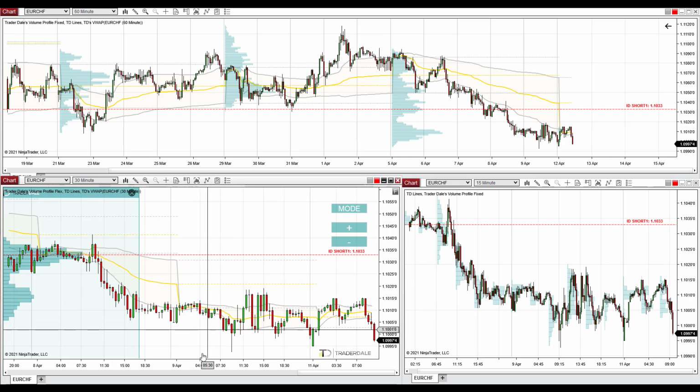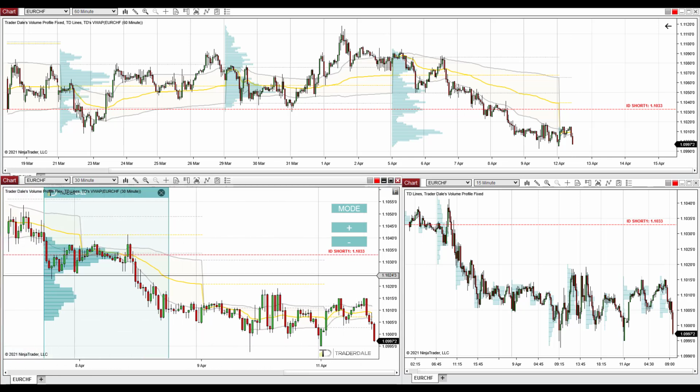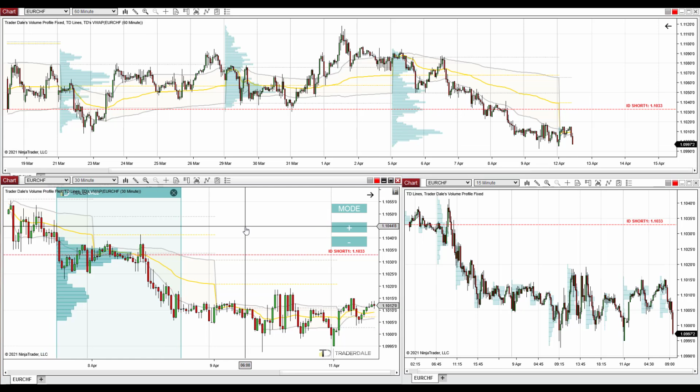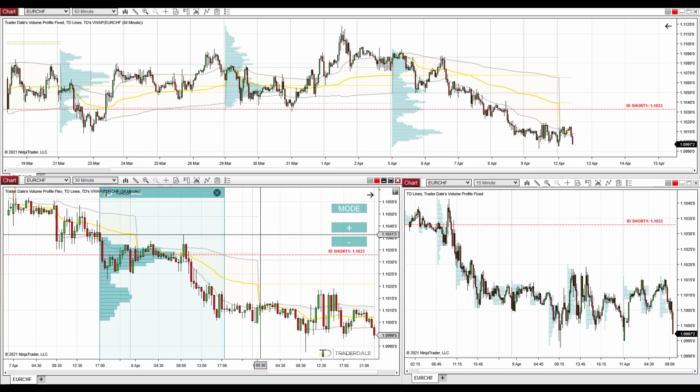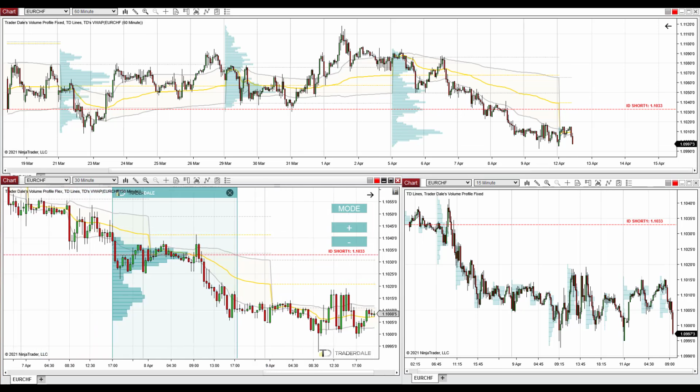So the first trading idea is on Euro Swiss franc. Those three charts are linked, so they always show the same trading instrument, in this case the Euro Swiss franc. This one is based on a setup which I call the volume accumulation setup. For this setup, you want to see a rotation like in here, and from that rotation you want to see aggressive selling activity, like for example in here, right?